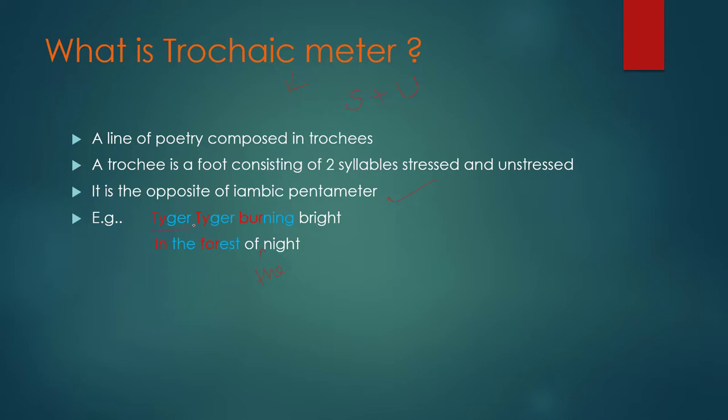Here, tiger, this is the first syllable, this is the second syllable, 2 syllables. The first one is stressed and the second one is unstressed. Again, burning, the first syllable, ing, the second syllable, stressed and unstressed. Forest, stressed, unstressed. In the, stressed, unstressed. So here we have stressed and unstressed syllables. So this is called trochaic meter.